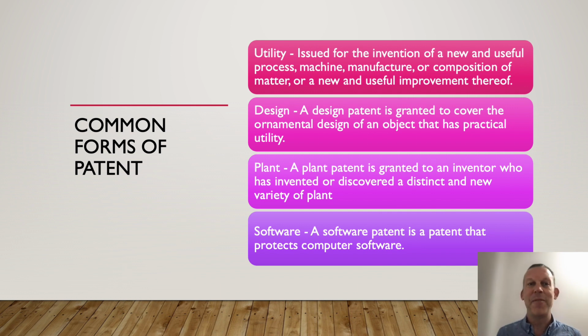GMOs are filled with plant patents. And finally, a software patent protects the inventions that come from a software package. There tends to be a little bit of overlap when it comes to software between a patent and a copyright, but patents might be the stronger option if you're presented with them.